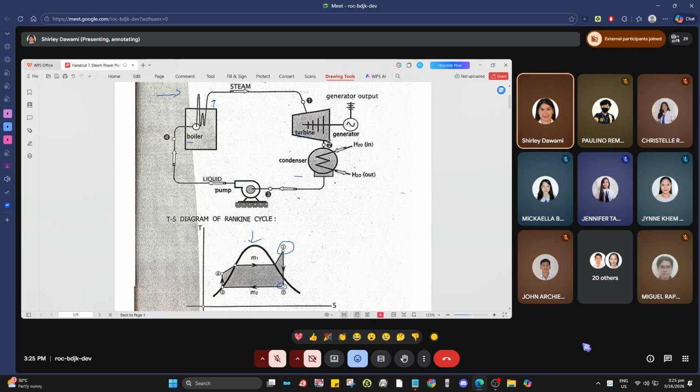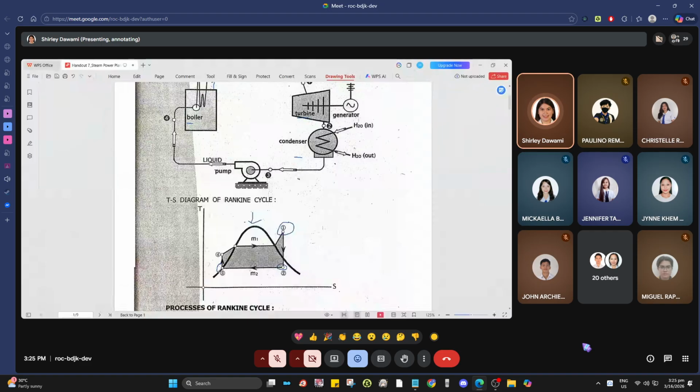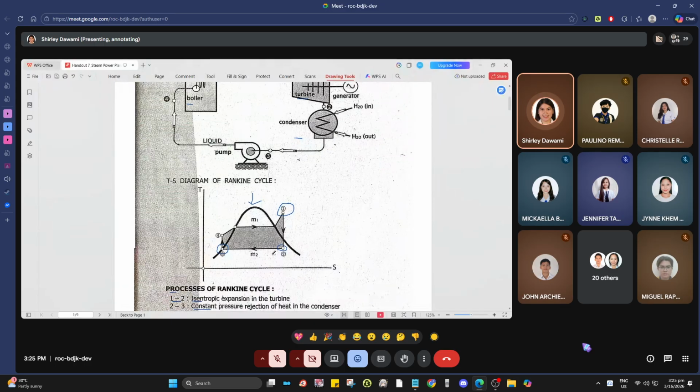The condenser is responsible for cooling and condensing the steam back into water. So it leaves the condenser as a saturated liquid. We can see here that it has become a saturated liquid at point 3.